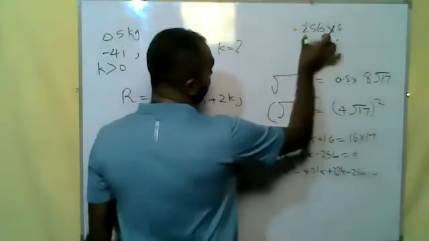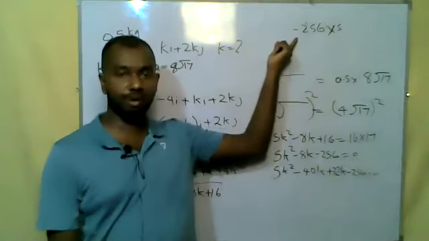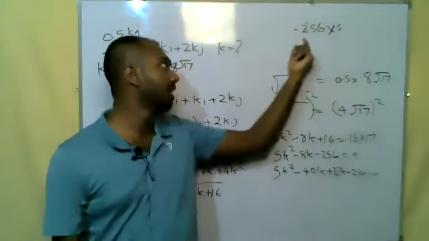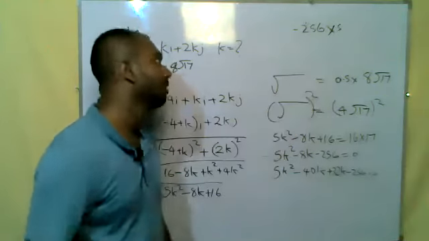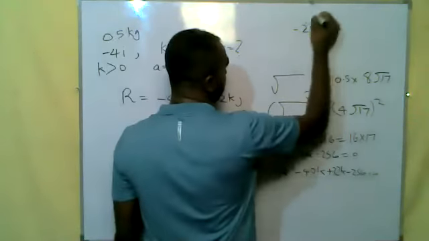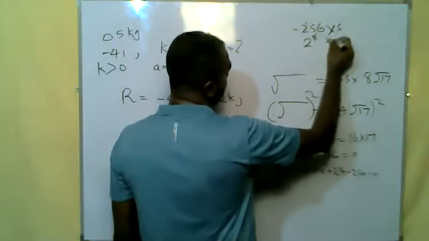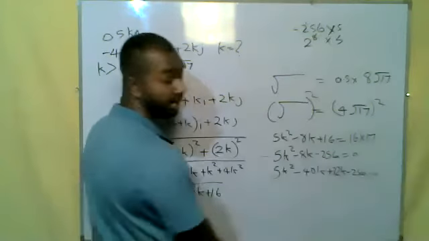So I think of the factors of 256, that is 2 to the power 8. If you are familiar with this, you should know there are no other factors of 256 other than the powers of 2. So how can I make the addition minus 8?